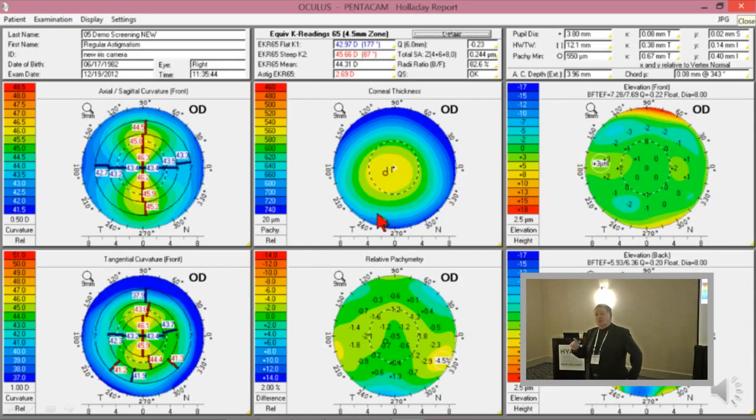Okay, now let me ask you one other question. What do you think for a 4.5 millimeter zone would be the diameter of a ring that would split those two areas in half? So you had 50% of the area in the ring and 50% of the area outside of the ring. Would it be half the diameter of 4.5?